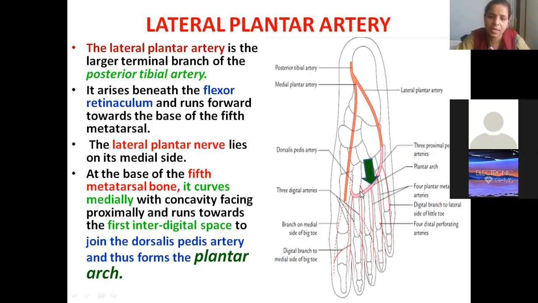The lateral plantar artery and dorsalis pedis artery anastomose because of the piercing of this plantar arch at the first interdigital space. Here itself, at this point, it pierces and goes into the dorsum to join the dorsalis pedis artery. Is it clear? It is simple; it looks a little complex, but if you just read, you will understand.